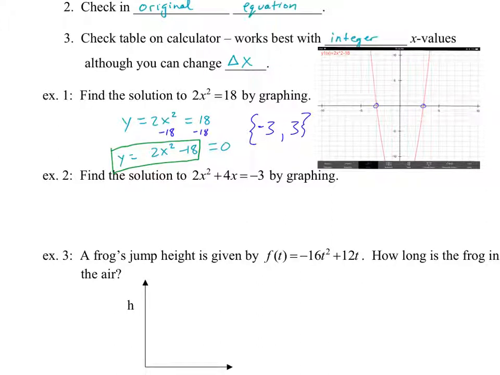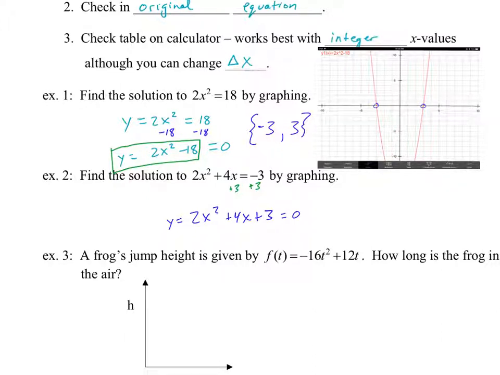Alright, this next one: find the solution of 2x squared plus 4x equals -3. I'd start by saying that if we do that, we get 2x squared plus 4x plus 3, and we're punching that into a calculator, trying to figure out where it equals 0.